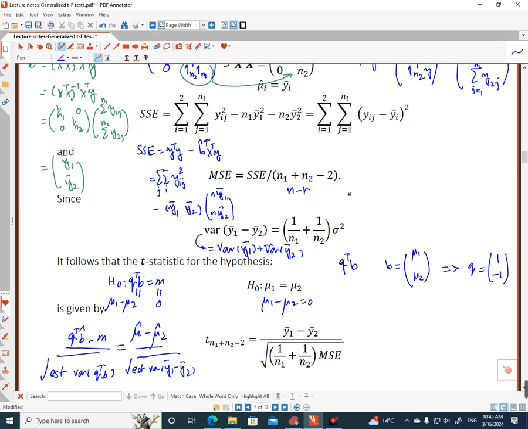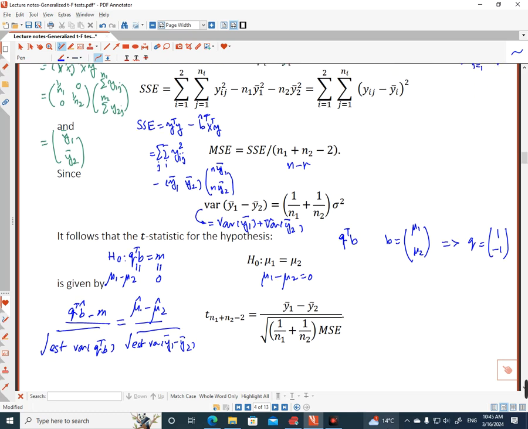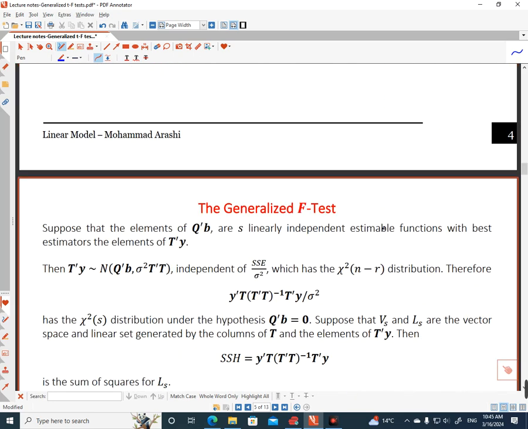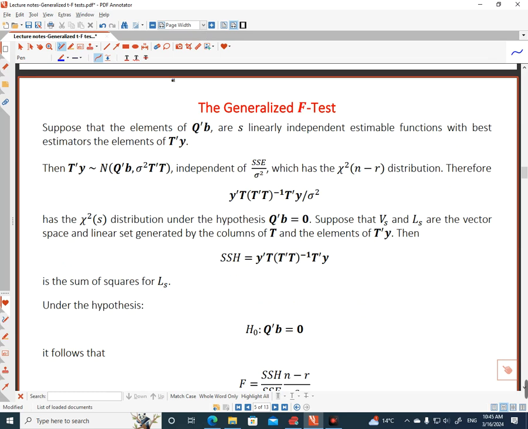The next one is the generalization of the t distribution to, let's say, several sets. So here we consider the generalized F test. For the generalized F test, remember previously for the generalized t we had t prime y. T was a vector. Here we have a matrix T. So T prime y is actually, let's say, s sets. We want to consider the hypothesis for s sets.